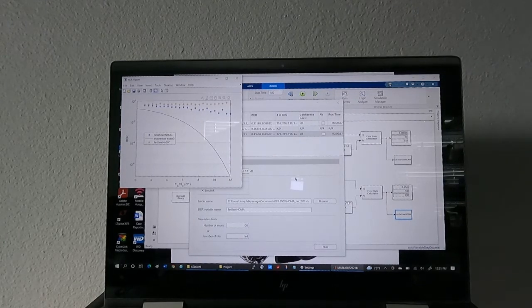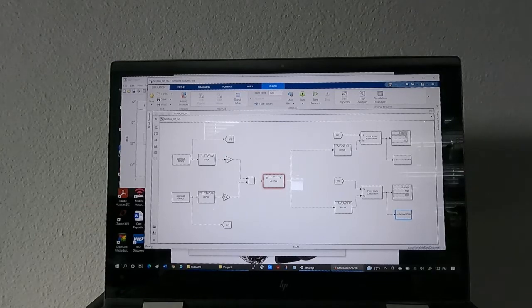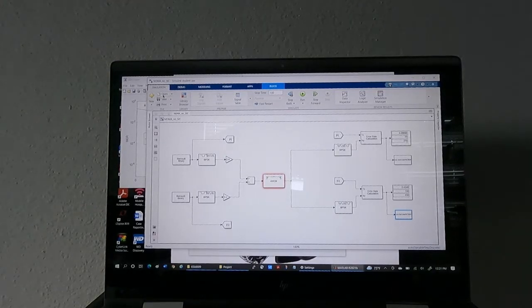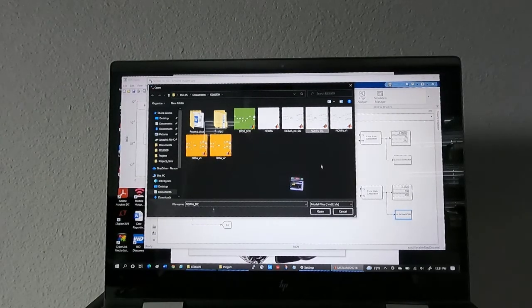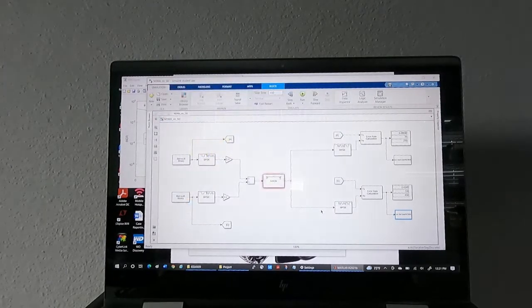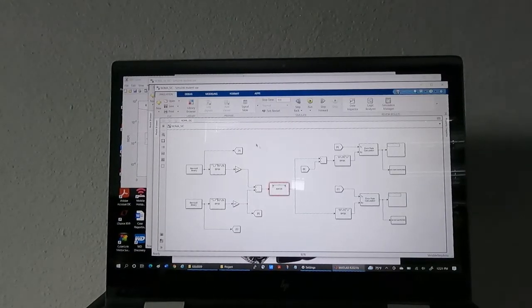Now let's go in and change. Let's look at the new model we are looking at, and our new Simulink model is here. Here's our near user with SIC.